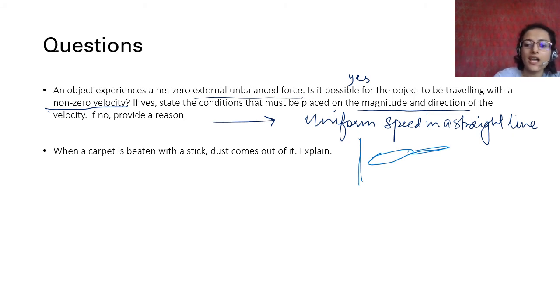What happens is the carpet moves back, but the small dust particles on the carpet remain in the same place due to inertia, right? So the carpet moves back, but the dust particles on it remain in the same place, therefore they fall down. That is inertia. Due to inertia, the dust particles remain in the same place and then they fall because the carpet has moved back. Okay.